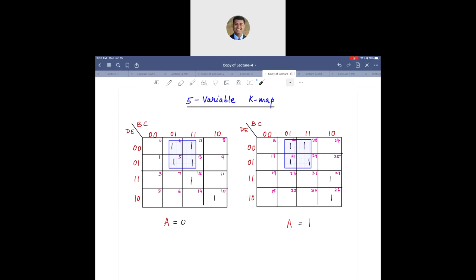Or you can also start thinking this way. This particular one, cell number 15, how can I combine it with anyone? The only place I have to combine that is this.